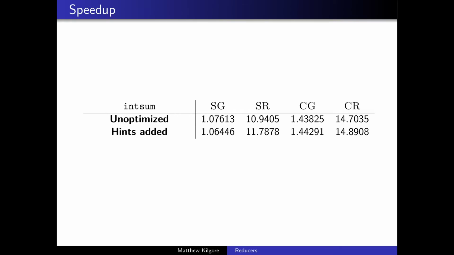So, our obvious change is that we can add branch hints to those branches, and that doesn't really have much of any effect. If anything, it may be a bit slower. And if we just simply remove branches 3 and 5, well, we don't see any speed up in the serial case.